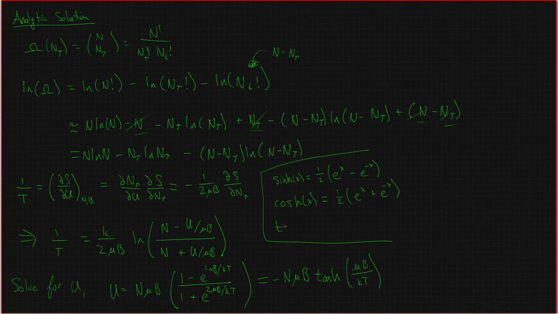And of course, the hyperbolic tangent is just equal to sinh of x all over cosh of x. And you can show that taking these two expressions and putting them in there, you can get them into a form that just looks like this right here. So that's that.